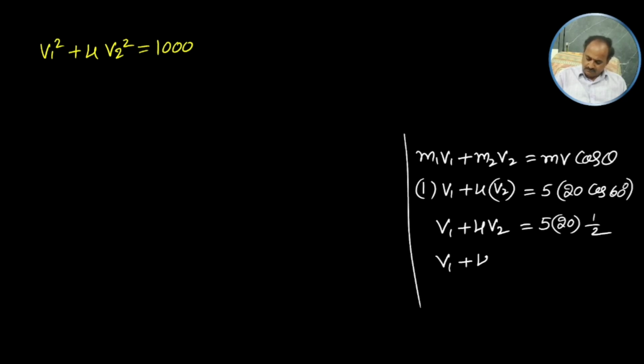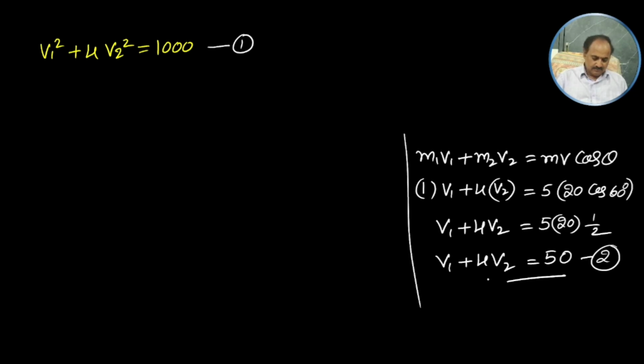So v1 plus 4 v2 equals 250. Let this be equation number 1 and the earlier one equation number 2. From these two equations you can determine v1 and v2.